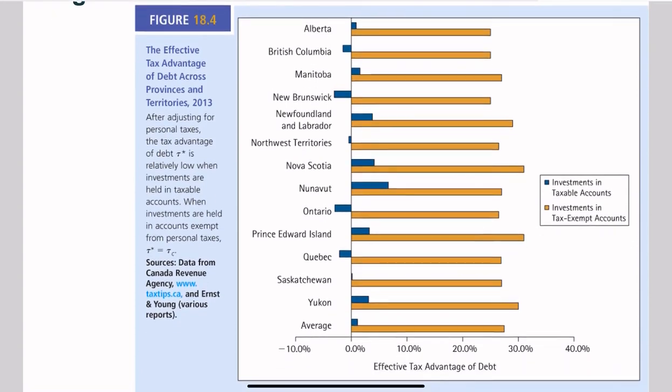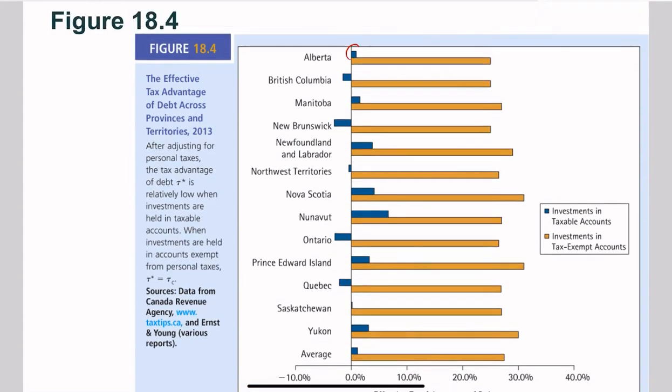And what you can see here is there is a large difference made by personal taxes. Let's say for Alberta, this dark blue bar gives you the tax advantage by considering personal taxes, and this yellow bar gives you the tax advantage without considering personal taxes.